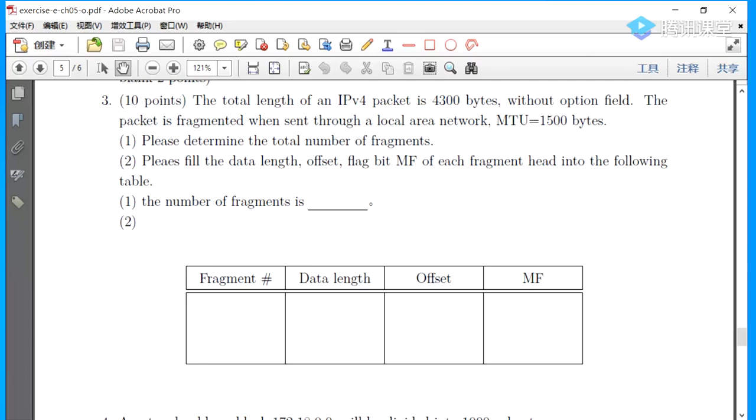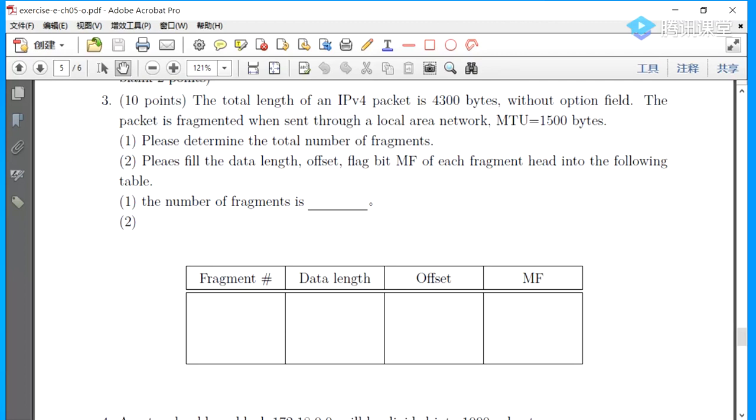Now we should grasp the method about how to solve this kind of question.